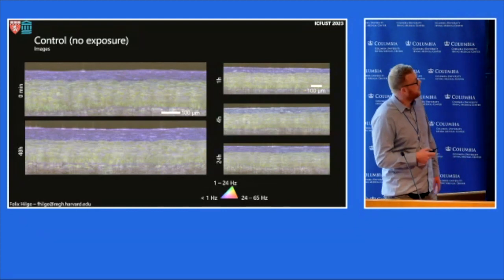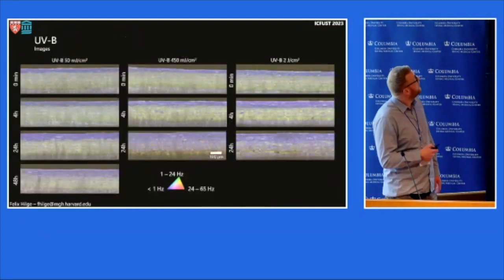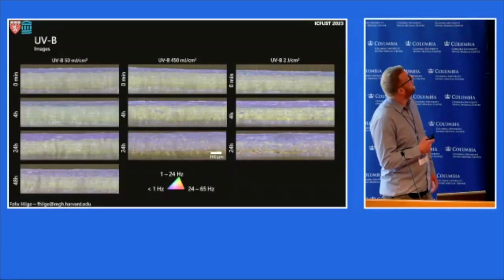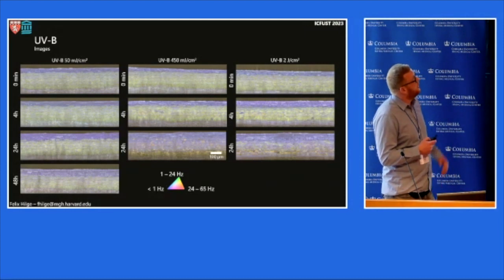Okay, now UVB. Using 50 millijoule per centimeter squared didn't show any effect, but higher exposures are causing an effect even after 1 hour, which is not shown here, but on the next slide.